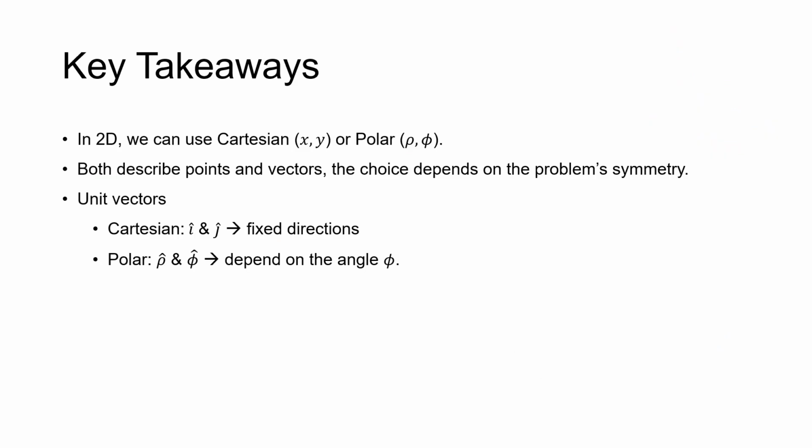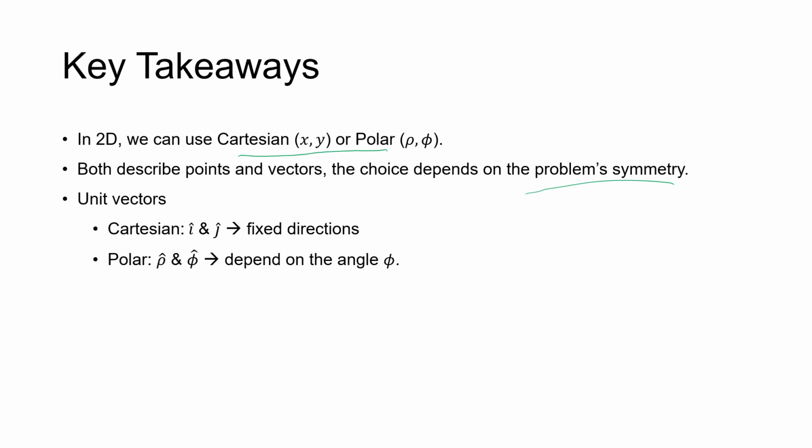So in this video, we have discussed the Cartesian and polar coordinate systems, and which one we use actually depends on the problem's symmetry. We will be given some problem in physics or engineering, and based on how the problem looks, we can decide whether to use polar or Cartesian. We have also learned the concept of unit vectors.